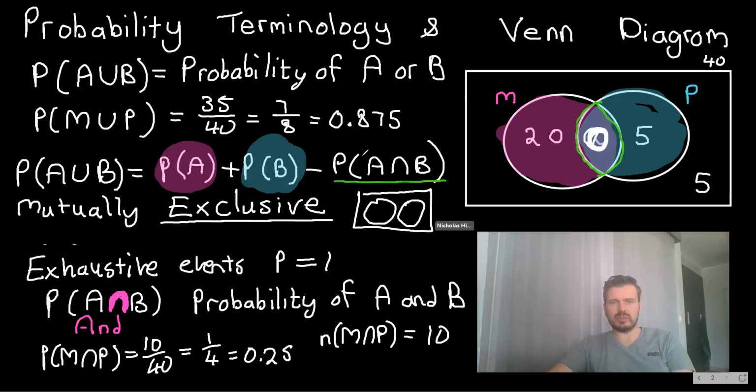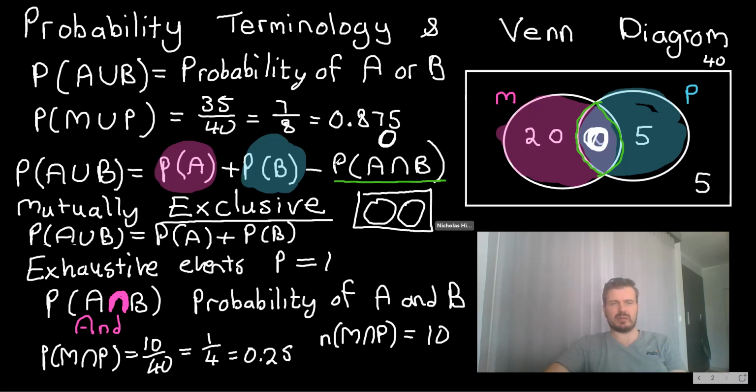So when we look at mutually exclusive events, we see that this bit here, this A and B, is 0. And so for mutually exclusive events, the P of A and B is 0. And the other thing we can say just from this is that P of A or B is just equal to PA plus PB, because the minus P of A and B is 0. Does that make sense?